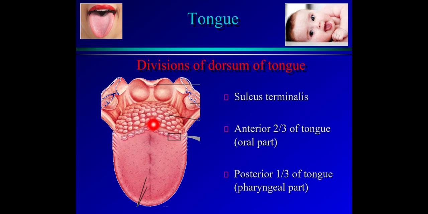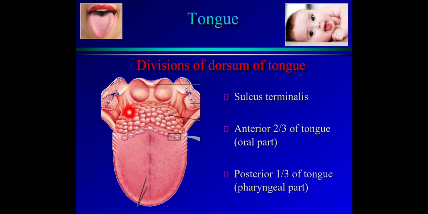From there, anterolaterally, are the limbs of the V. The sulcus terminalis divides the tongue into the anterior 2/3 part, called the oral part of the tongue, which is also called the papillary part, as it shows a number of papillae.